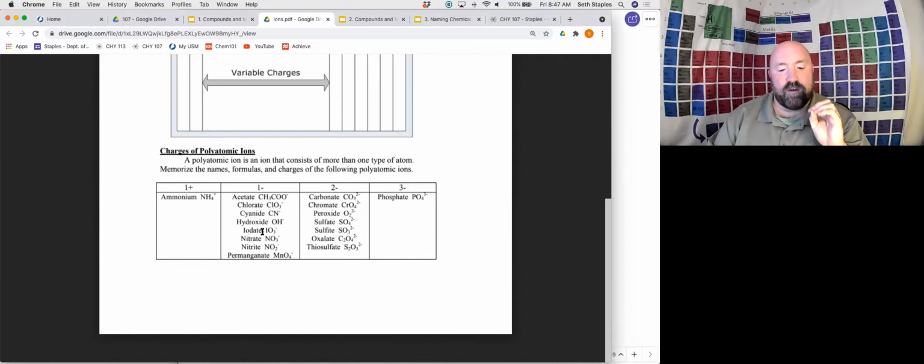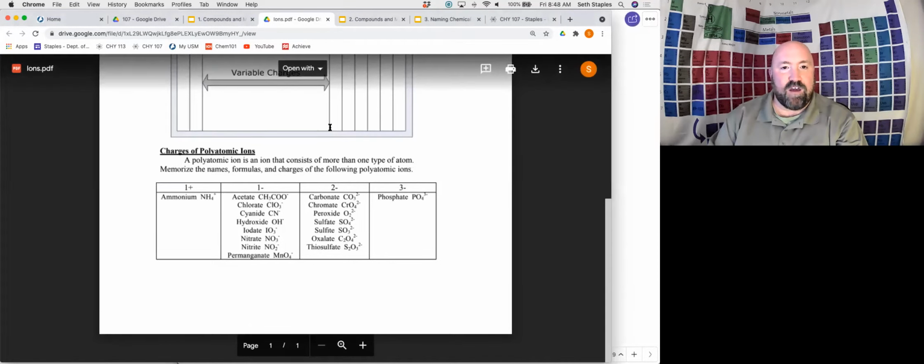You're going to have to know those, both for writing chemical equations and chemical formulas, but also in order to name them. When we come up with chemical names, which we'll talk about in another couple lectures, you need to know that if you see SO4, that is sulfate when it's in a compound, like Na2SO4, for instance, would be sodium sulfate.